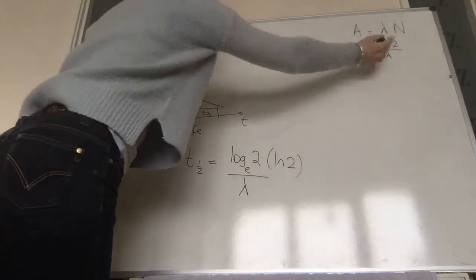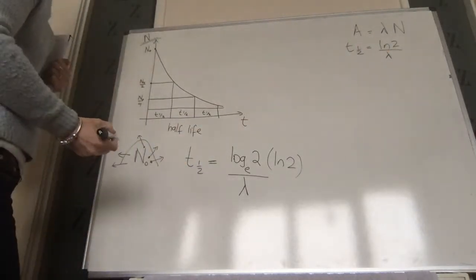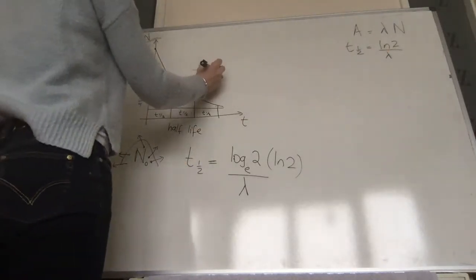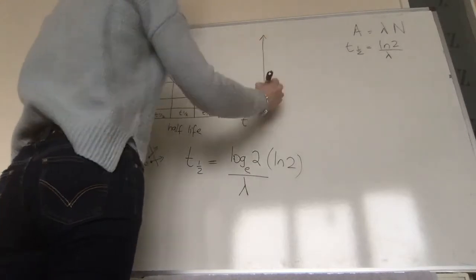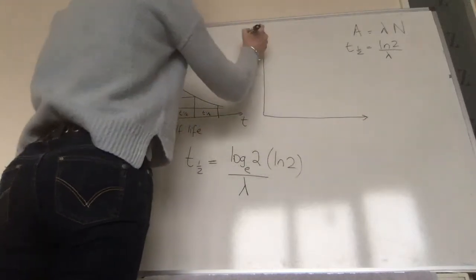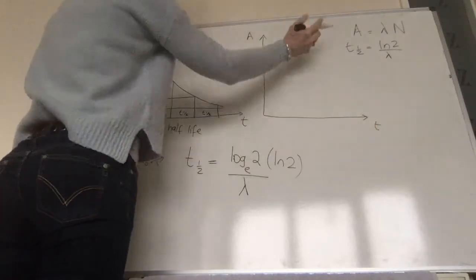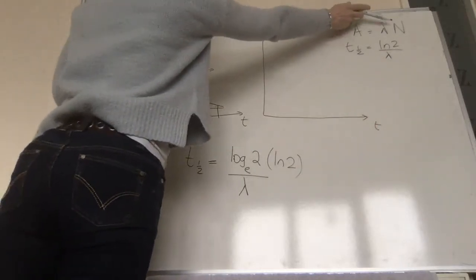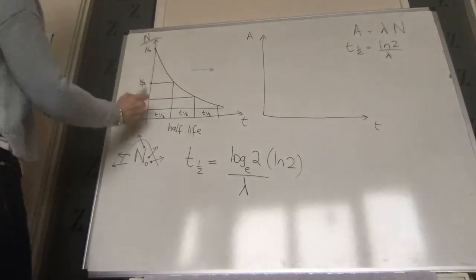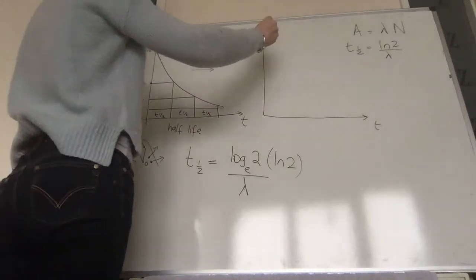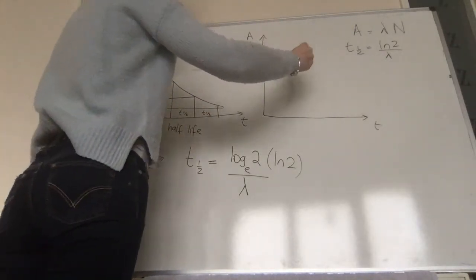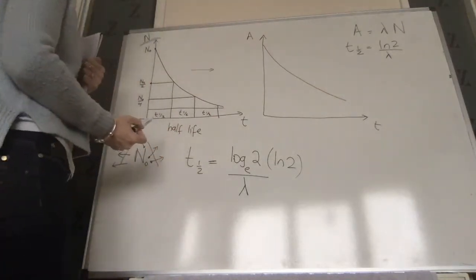So now you have two formulas linking all of these together. Just to point out, if you were to draw a graph of the activity over time, because the activity is just a constant times N, then the graph of N over time and the graph of activity over time are almost identical.